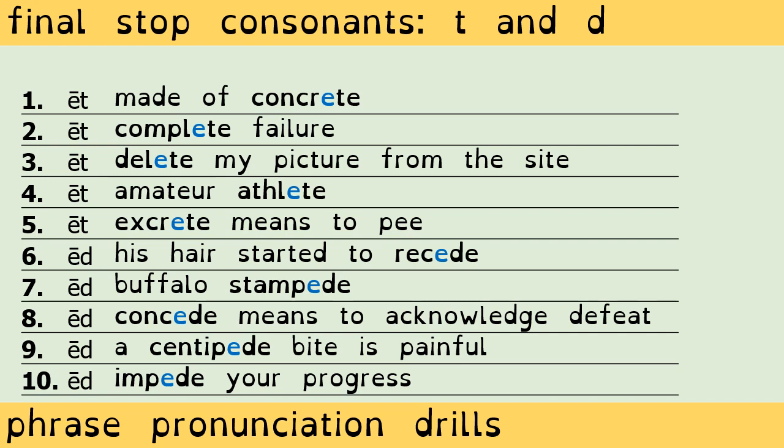Excrete means to pee. 6. Eat. His hair started to recede. 7. Eat. Buffalo stampede. 8. Eat.